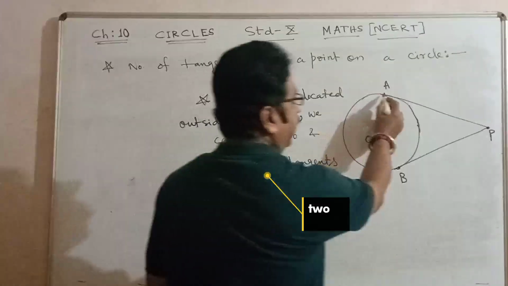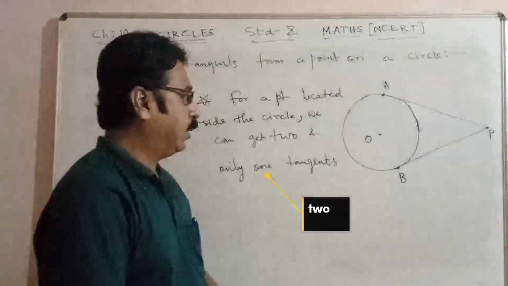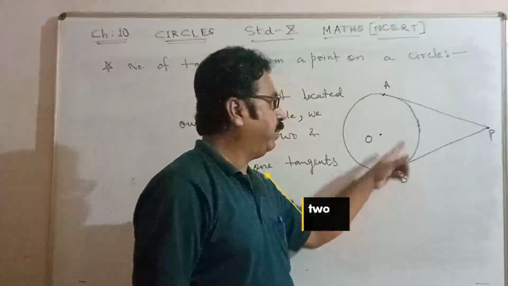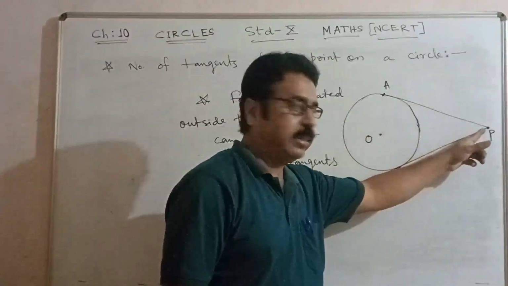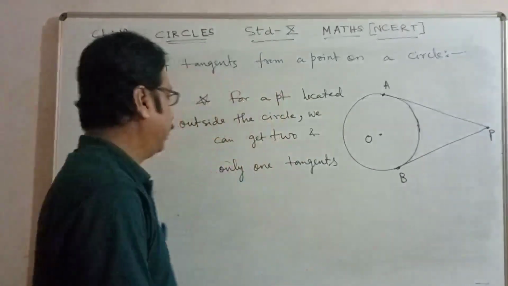Now PA is the distance, PB is also some distance, means length. PA is a length, PB is also a length.